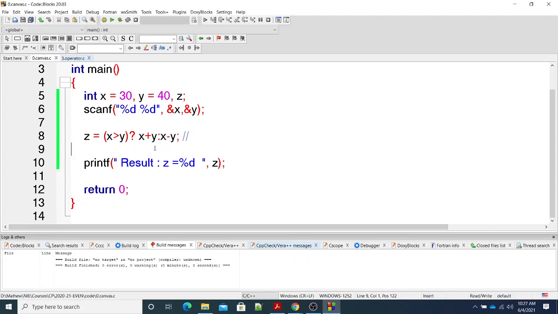Okay. So I used it for finding the larger of 2 numbers. What if I want to find the absolute value, or the absolute value of the difference? Absolute value of a signed number.